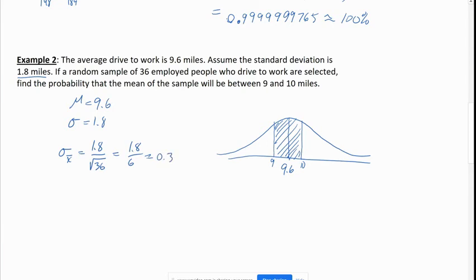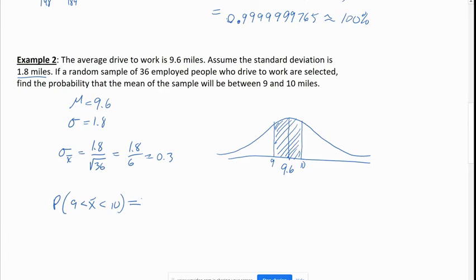Okay, so now we can find the probability that our sample mean is between 9 and 10.